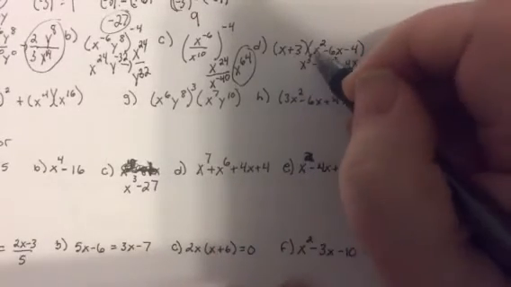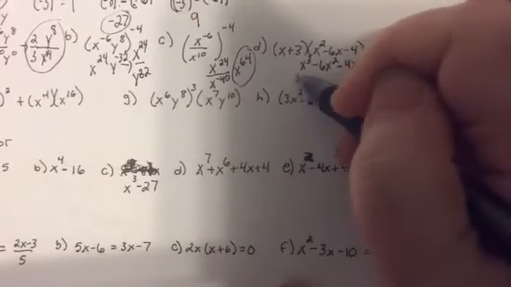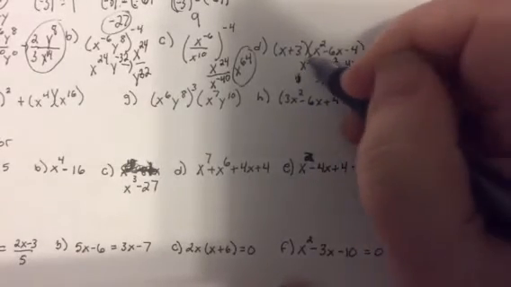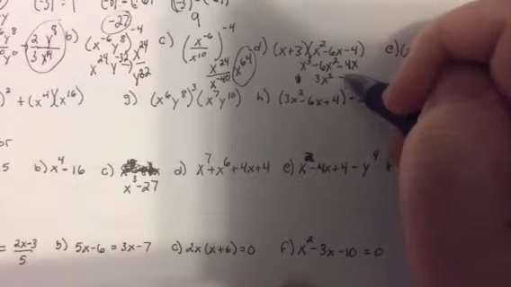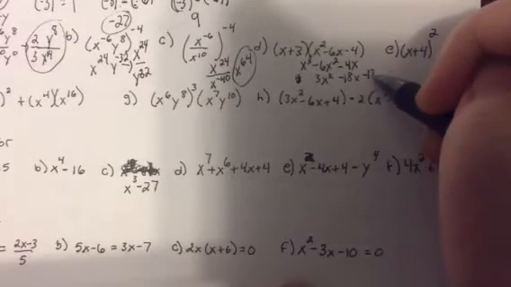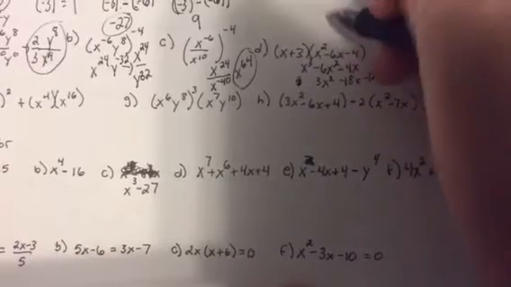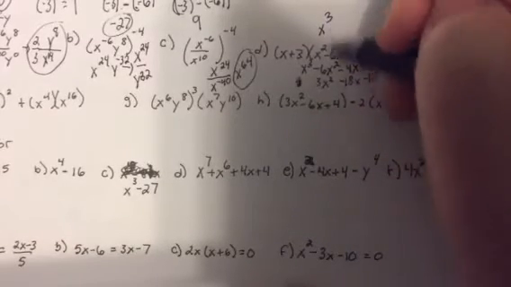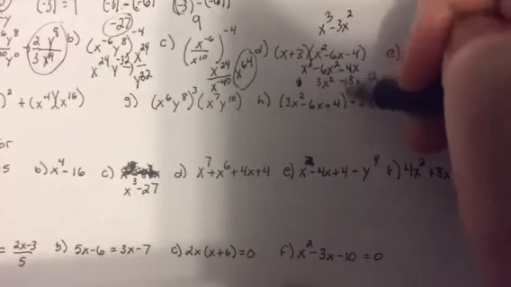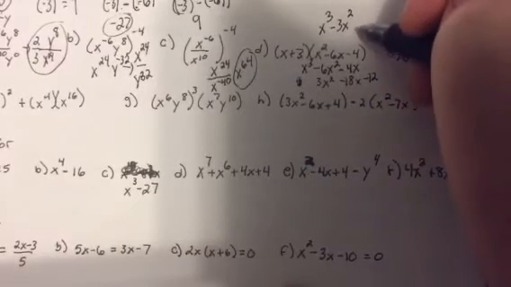Then the 3 goes with the x squared. Whoops. Put it under the term that's got the same power. That'd be minus 18x minus 12. Then we combine it. That'd be x cubed minus 3x squared minus 22x minus 12.